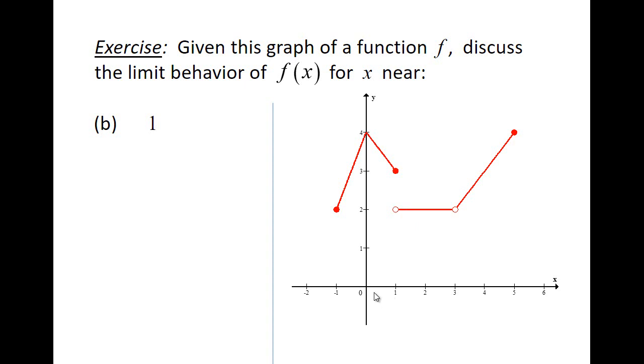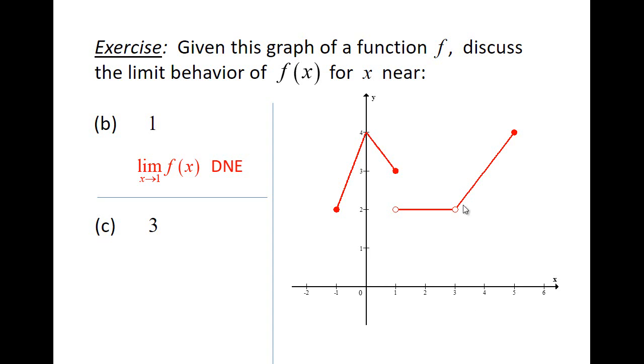Well, you can see that now I can make the value of the function as close to 3 as I like simply by choosing x close enough to 1 on the left side of 1. So what we have is that the one-sided limits are not equal. So the two-sided limit of f at 1 does not exist.